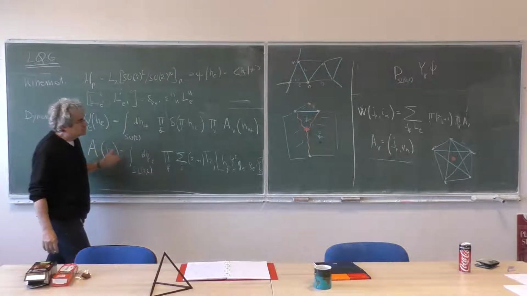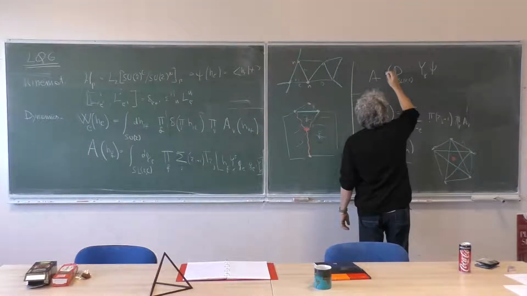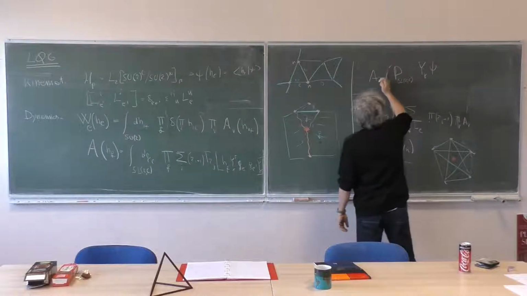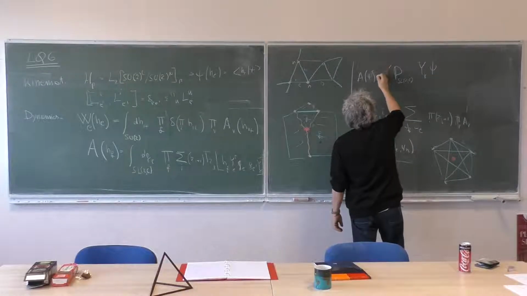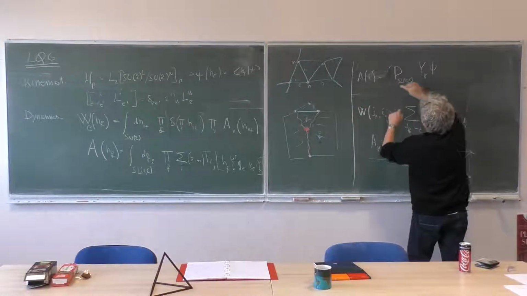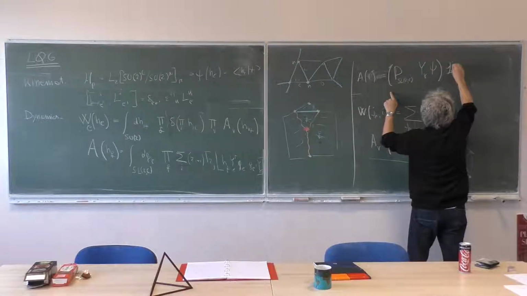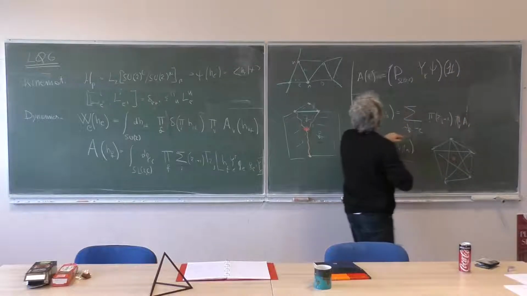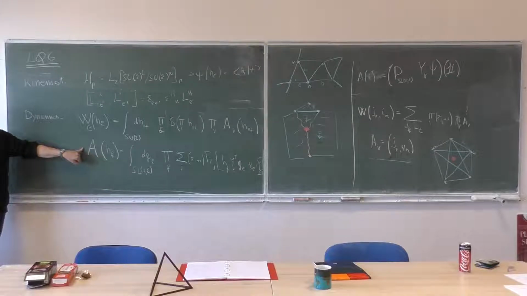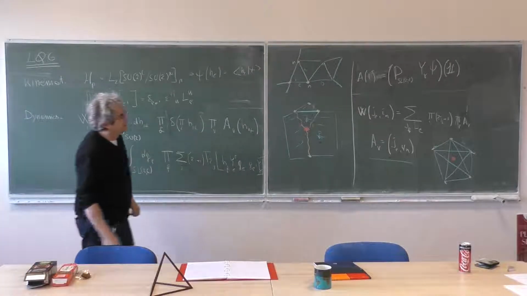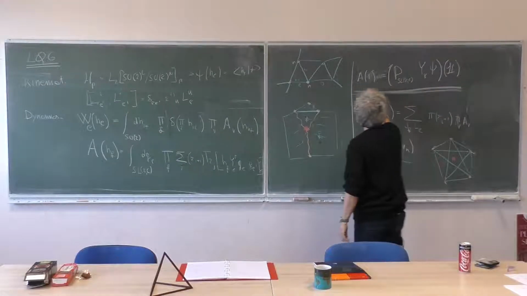And then the amplitude of the state, if you think for a moment, is that here you have an SL2C invariant spin network. If you compute its value on the identity, you get exactly this formula here. So it's a correct but very compact way of writing this formula.